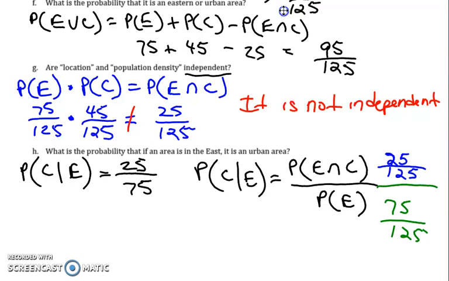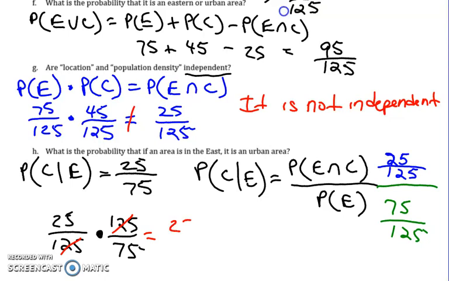So remember, if I'm doing 25 over 125 divided by 75 over 125, then I have to flip and multiply, so that instead of divided by, it becomes times 125 over 75. So obviously I can cross 125 out, and I end up with my 25 over 75. Okay, which is the same thing we got when we looked at the table.